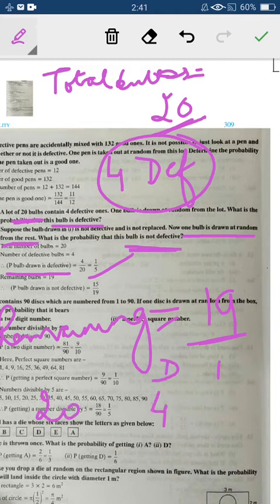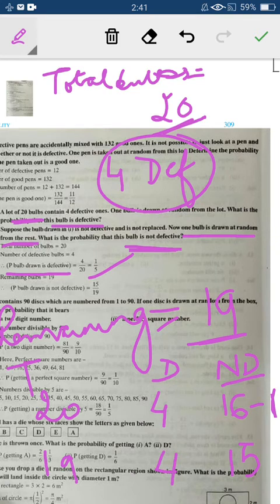It means non-defective bulbs are 16, because 20 minus 4 is 16. Now one bulb is taken out from this lot and it was not defective, and it is not kept inside again. So how many non-defective bulbs are left? 15, and here 19 total bulbs are there, right? So defective will be 4.